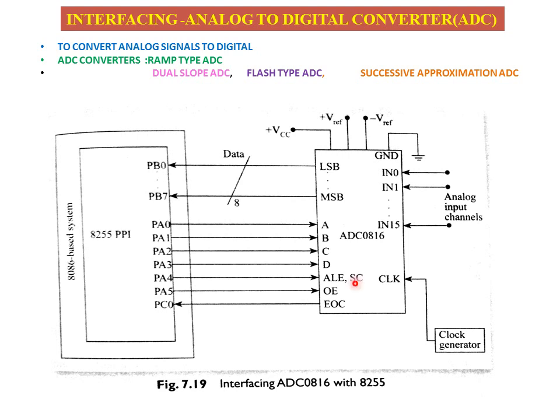Here mainly we will see start conversion, output enable, and end of conversion. We use these control signals for the conversion of analog data to digital data, and an 8-bit data bus.